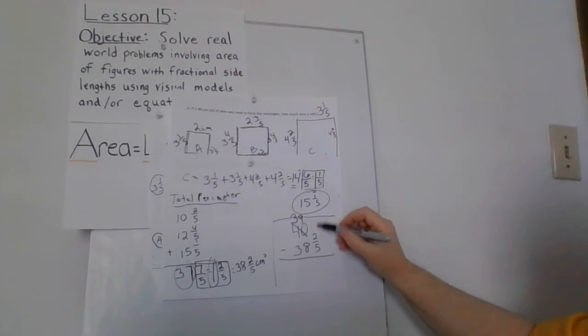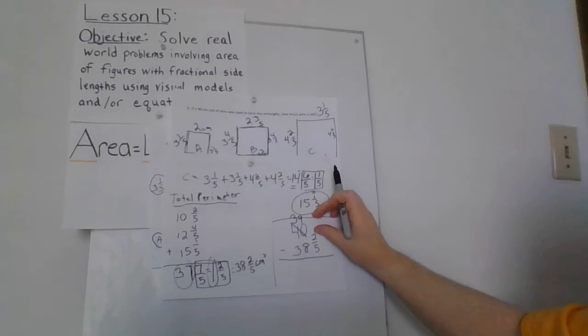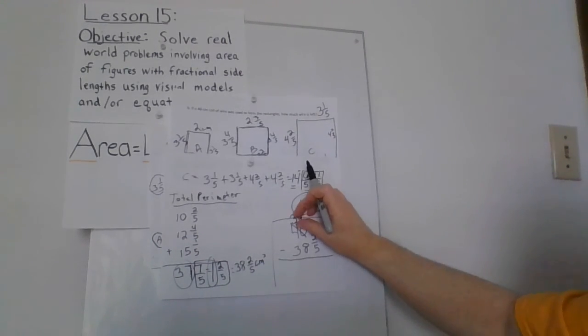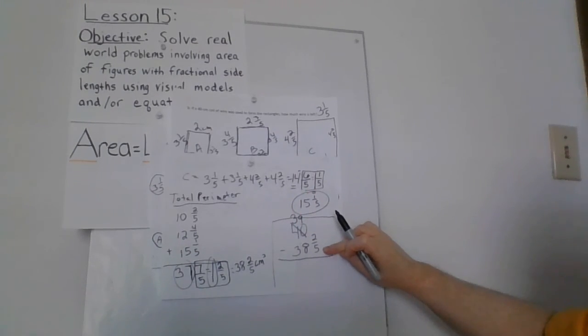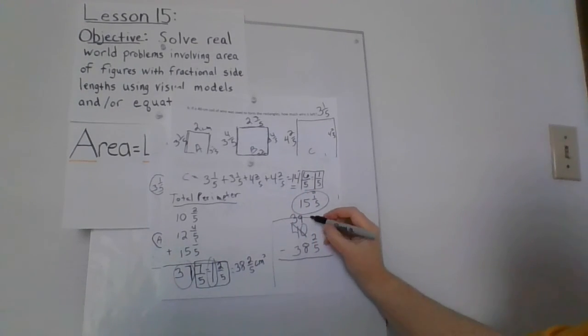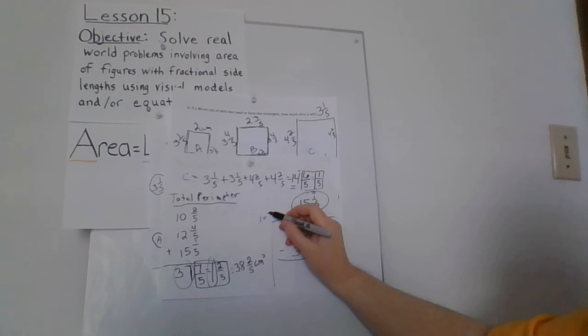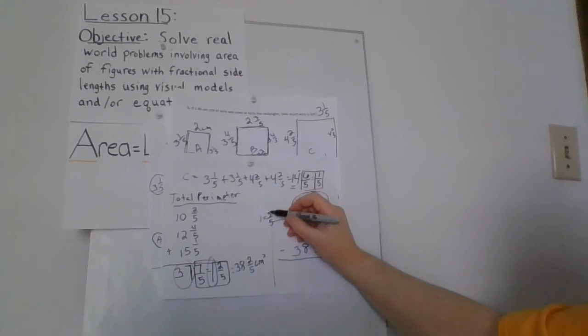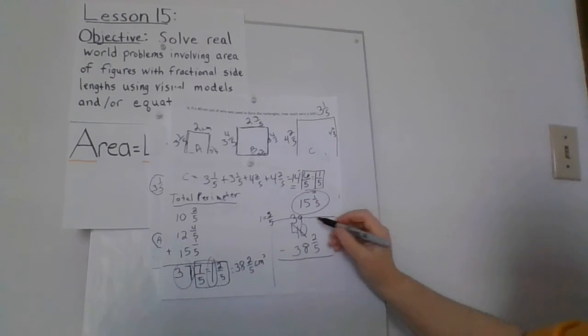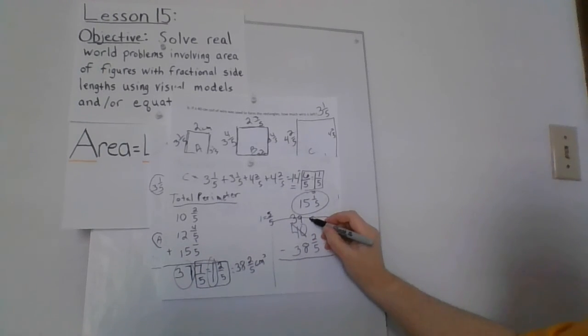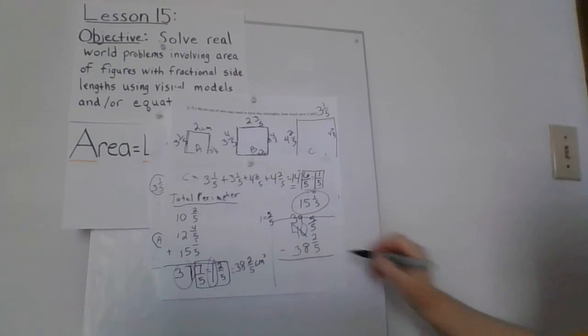Now the one that I took away, I can change into any fraction that I want, as long as it's still equal to the one that I took away. And since this fraction ends in a 5, I'm going to take that 1 and change it into 5/5, because 5/5 is still equal to the 1 that I rebundled, and I could subtract it from my 2/5.